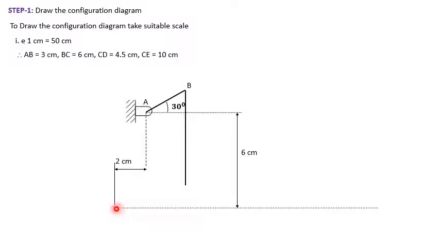At this point I will fix point D. The distance between these two vertical lines should be 2 centimeter. So now I got point D.